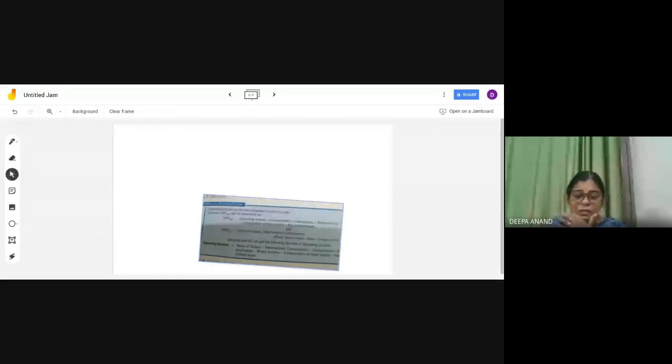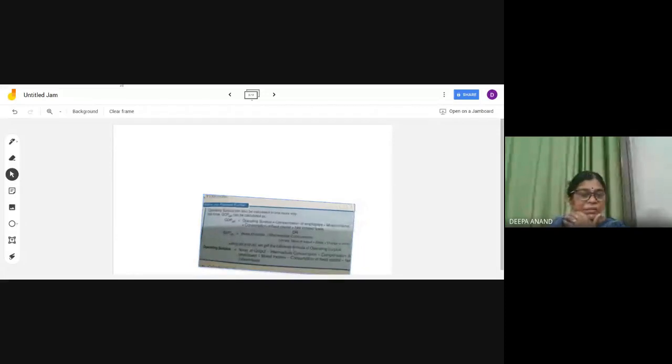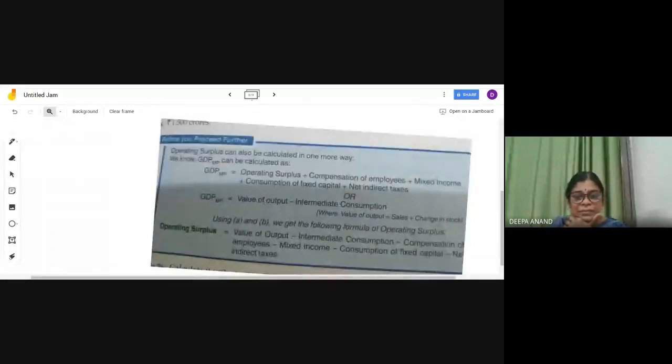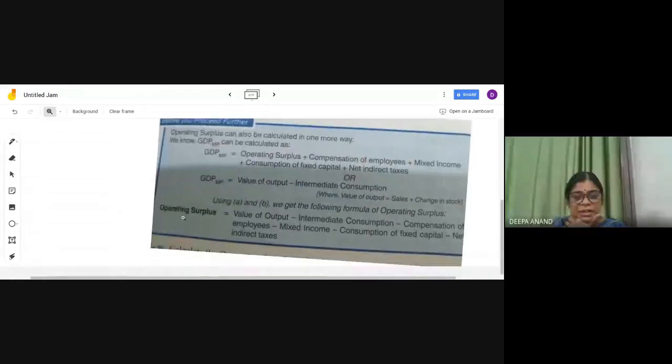Okay, and there is another equation for operating surplus. Can you see my board? Yes, ma'am. So what is written here? We will start from the beginning. GDP at market price is equal to operating surplus plus compensation of employees plus mixed income plus consumption of fixed capital plus net indirect tax.